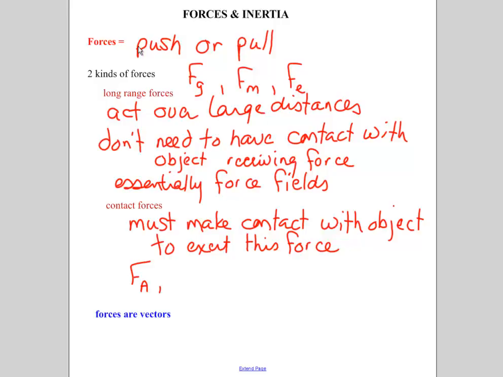If I'm pulling on something, usually it's a rope or a handle or a chain, and I'm exerting tension on that rope or cord or chain, and so that would be a tension force. When I have one thing sliding against another thing, that creates a type of force. That is a friction force, and that is a contact force. And there's one more force that we're going to talk about called the normal force, and we'll get to it in a few minutes. So those are examples of contact forces.